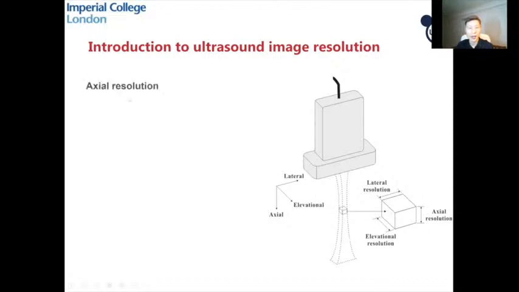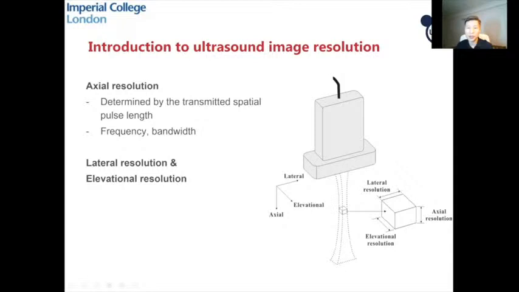Regarding the axial resolution, it is determined by the transmitted spatial pulse length. This spatial pulse length is again determined by the transmitted center frequency and also the bandwidth of the system.